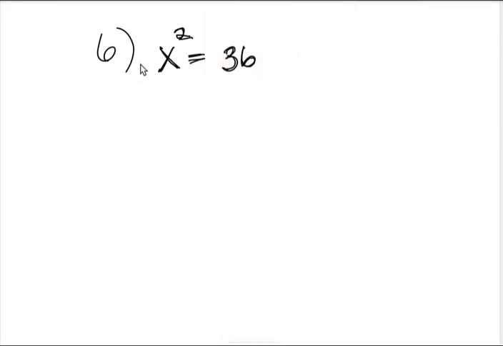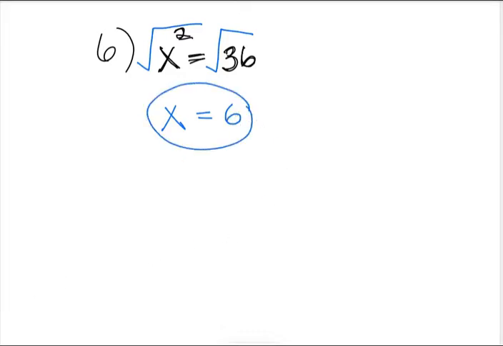Okay, so I need to make x squared become x. So I'm going to square root it, and square rooting undoes it and leaves me with just x. 36, I need to square root that because whatever I do to the left, I have to do to the right. Square root of 36 is 6.